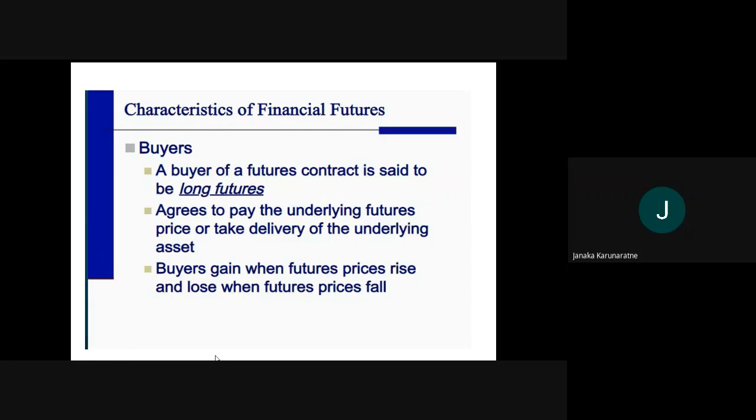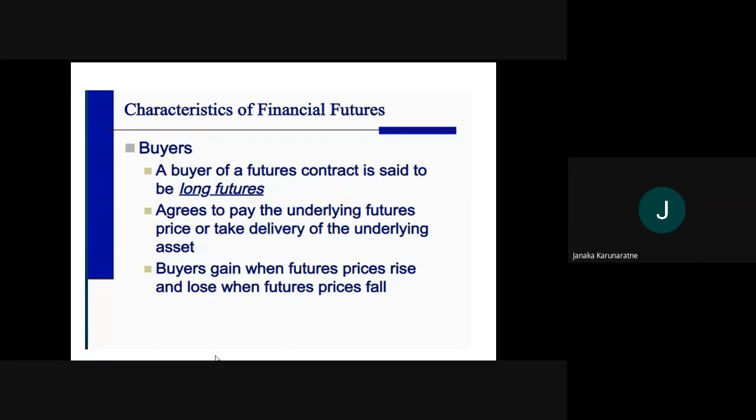So what are the obligations of the buyer? The buyer agrees to pay the underlying futures price or take delivery of the underlying asset at the time of maturity.